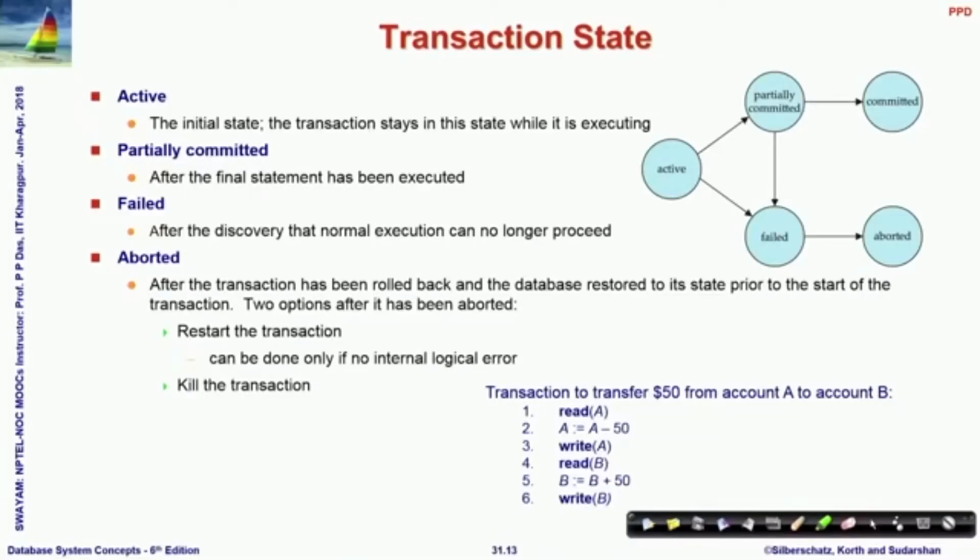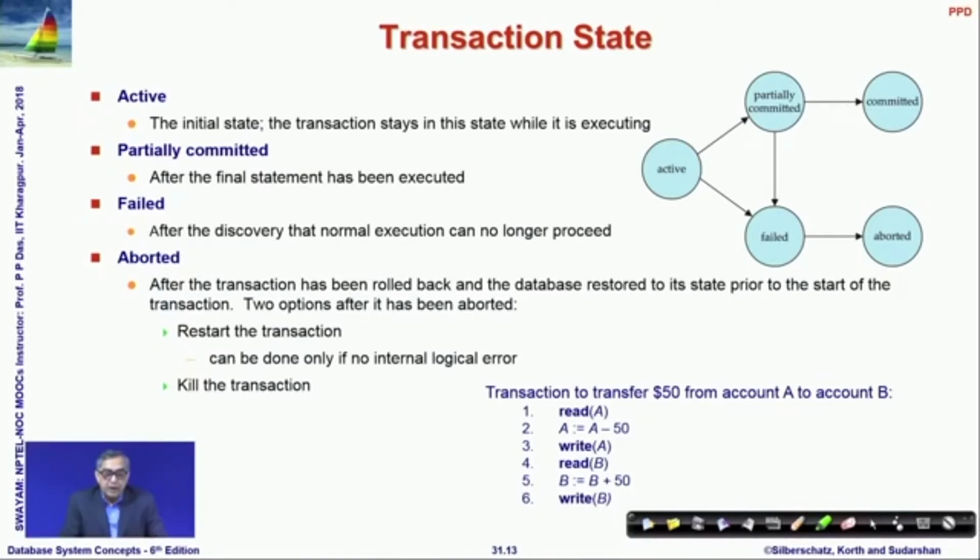Once we have done this rollback successfully, the transaction goes to an aborted state, that is, it could not take place. After that you have two choices: either you can restart the transaction or you can totally kill the transaction and not do it at all. Depending on the situation, that choice is made.